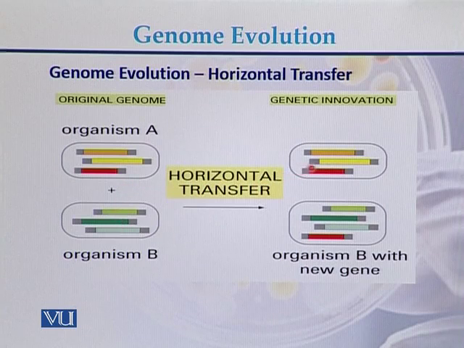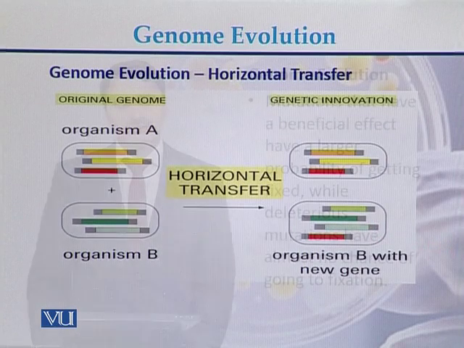In organism B, there is a new gene, marked in red, which was actually present in organism A, but due to horizontal transfer this gene is now in organism B. This is called horizontal transfer, which also works as a fuel for genome evolution.